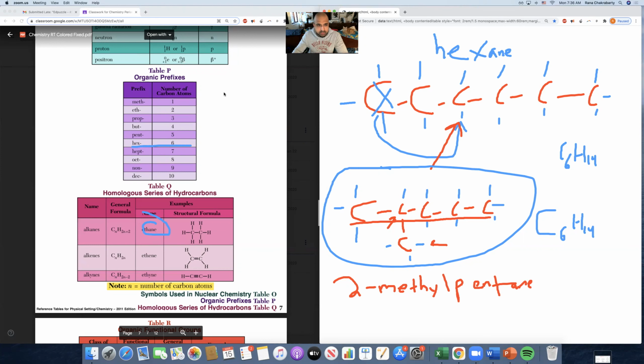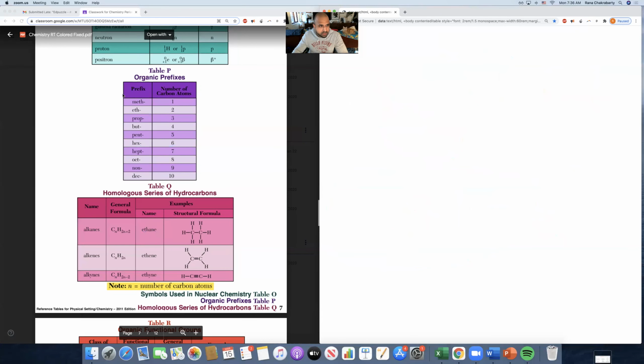And I just want to give you another example really quick so you guys can see this. So if I still have my 6 going across, it's hexane still, but you can make these pretty complicated. And again, this should be 14 hydrogens, so let me clean that up a little bit. It's a little crazy.